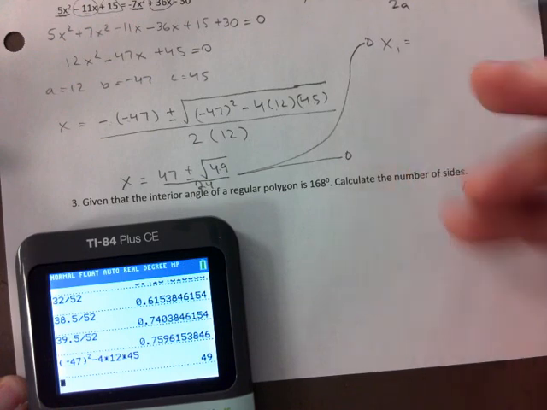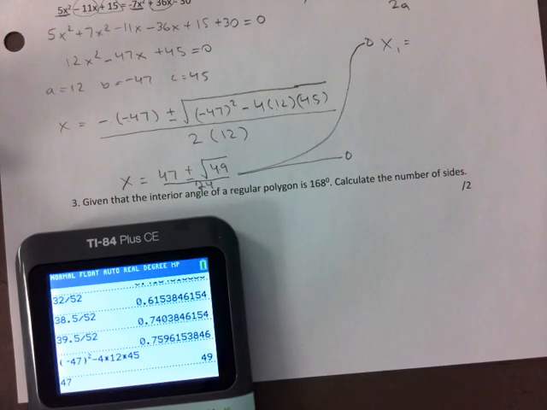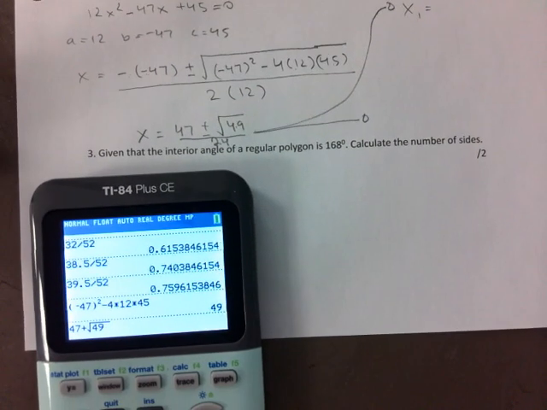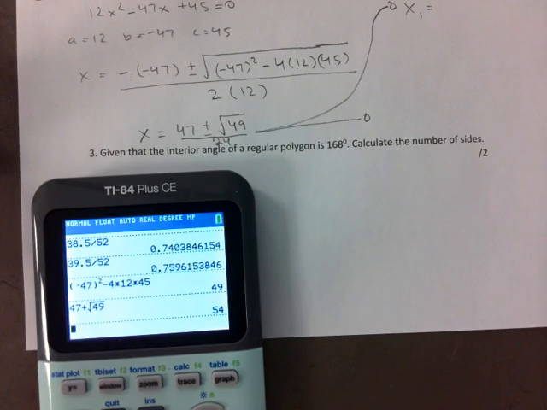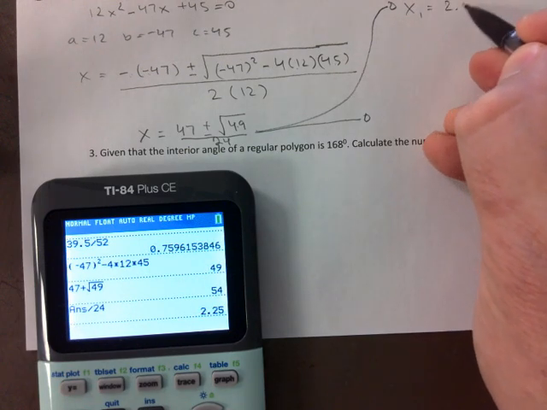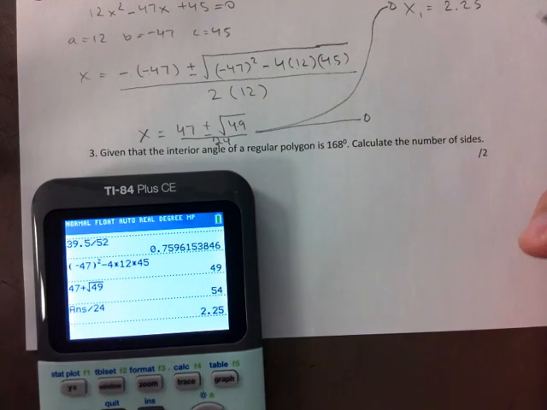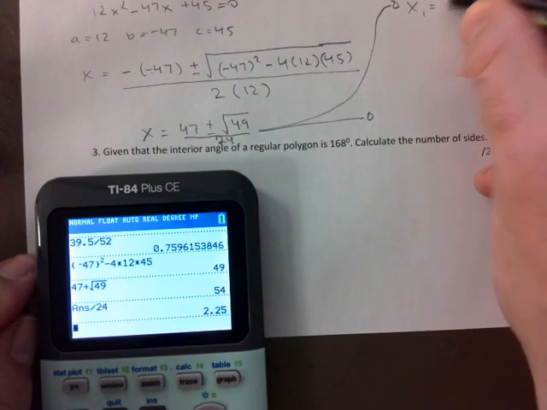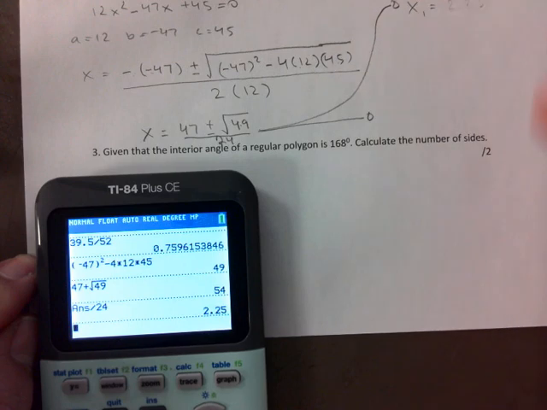So the first one is going to be 47 plus root of 49, and that's 54. Then I divide it by 24. So that's 2.25. Let's show that step, because if you make a mistake here, you get nothing, right?